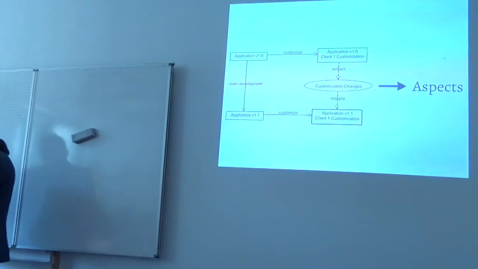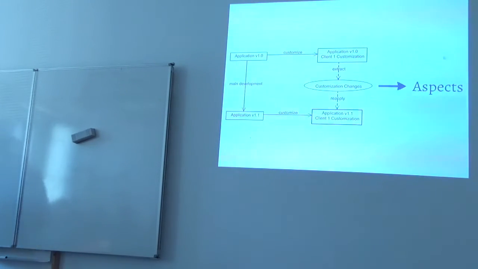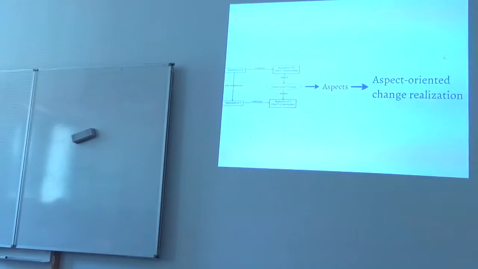But in the end, you will have a bunch of additional features implemented as changes to the base code. So this is the idea of the approach that we try to develop, which is called aspect-oriented change realization.